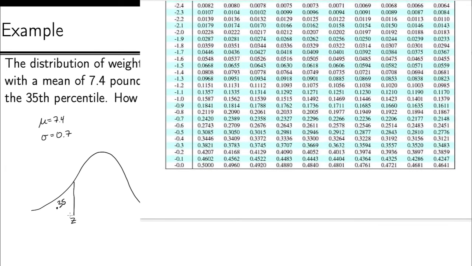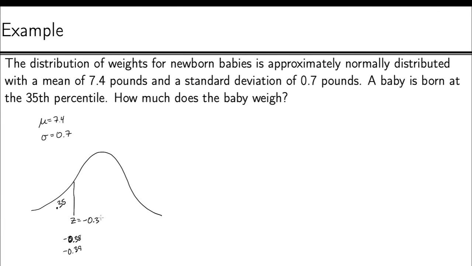So negative 0.38 or negative 0.39. Now it's about halfway between, so we're going to take the average of these, and the average of those is negative 0.385, because it wasn't significantly closer to one of them. And so we're just going to take the average of the two. So that's my z-score.